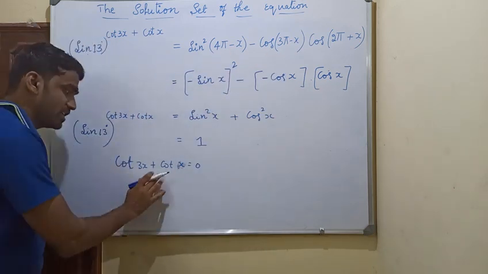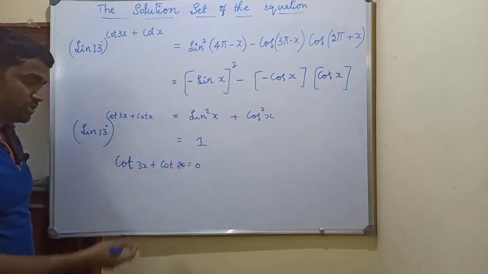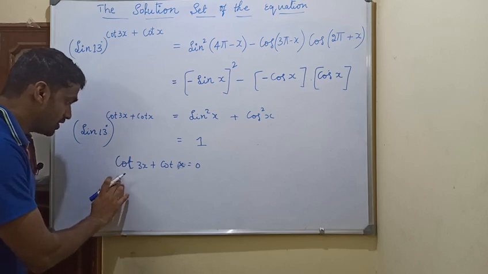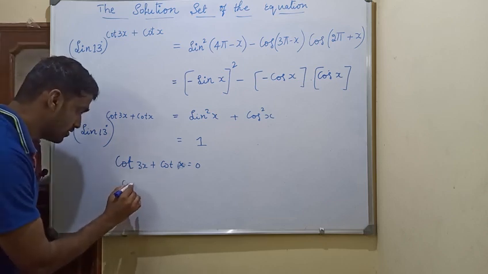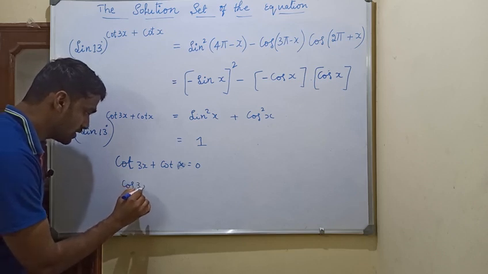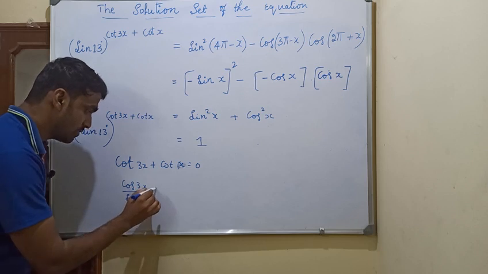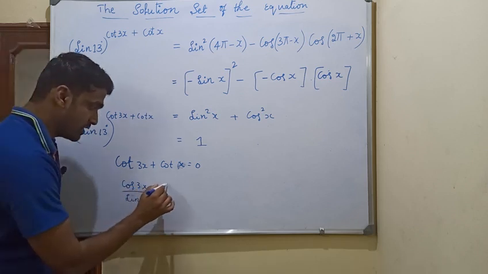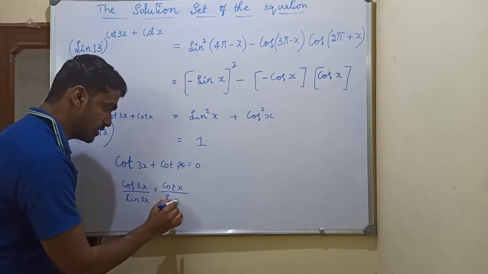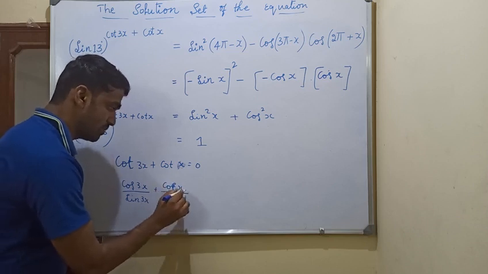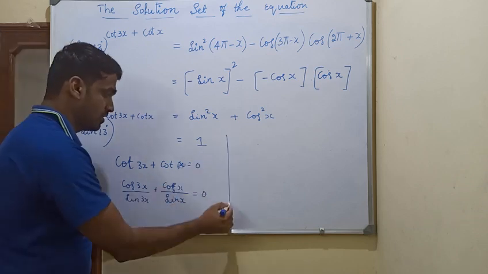So cot 3x + cot x = 0. When cot 3x + cot x is equal to 0, we should solve this equation using trigonometric formulas. Cot 3x can be written as cos 3x by sin 3x, plus cot x, cos x by sin x, is equal to 0.